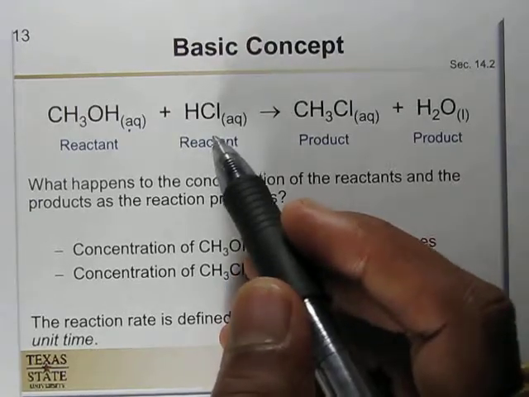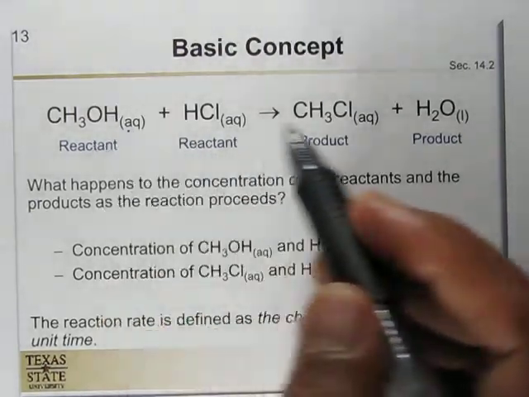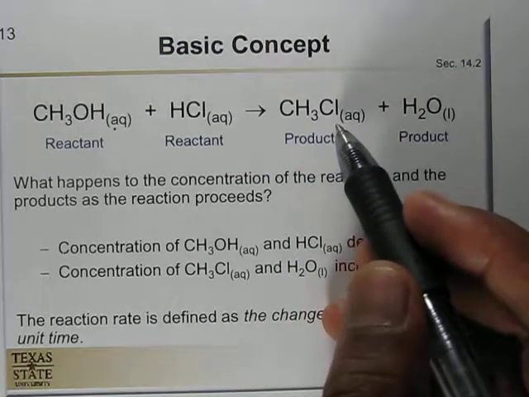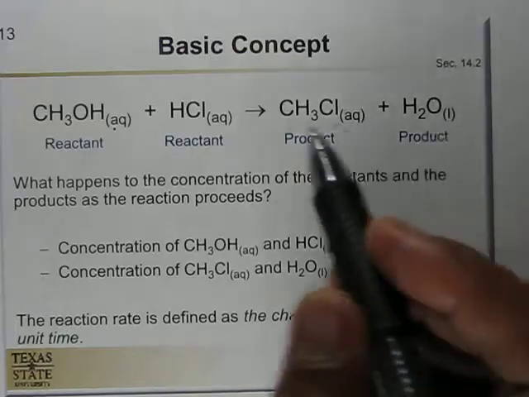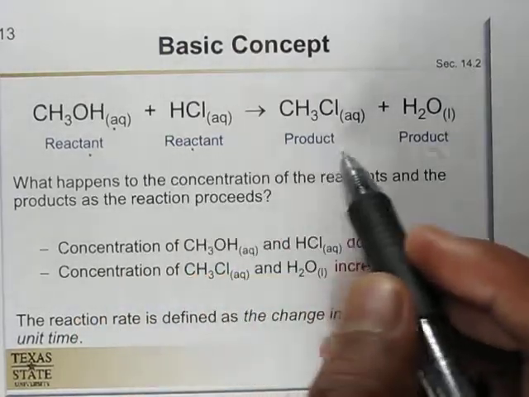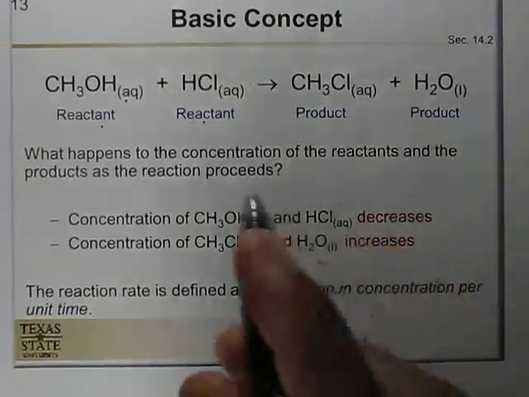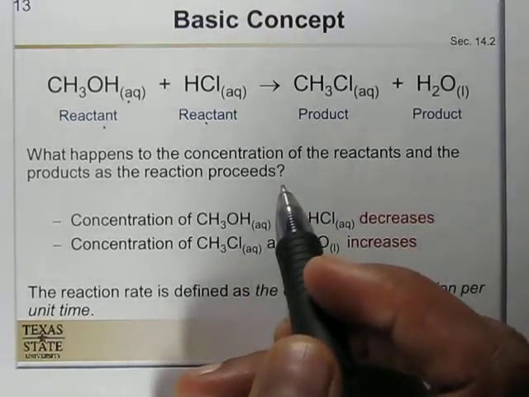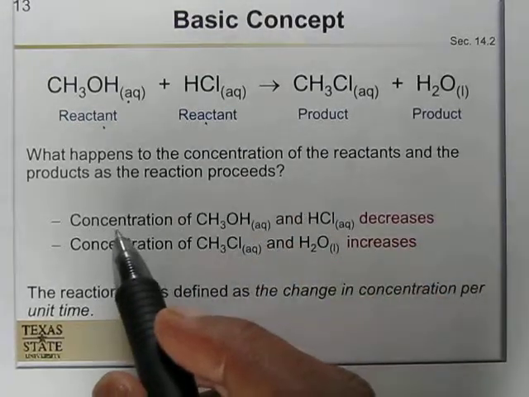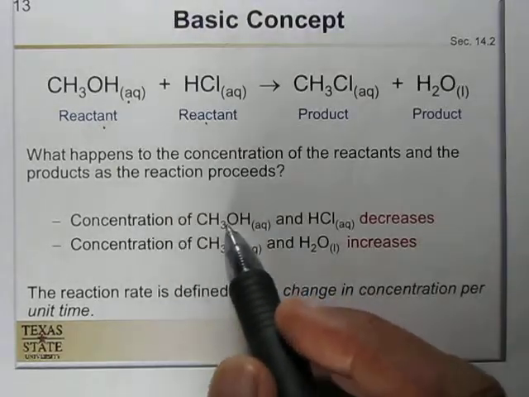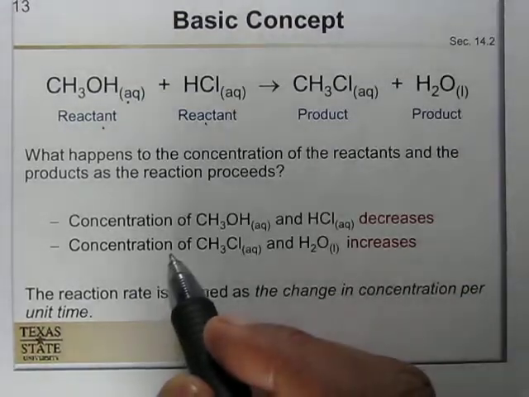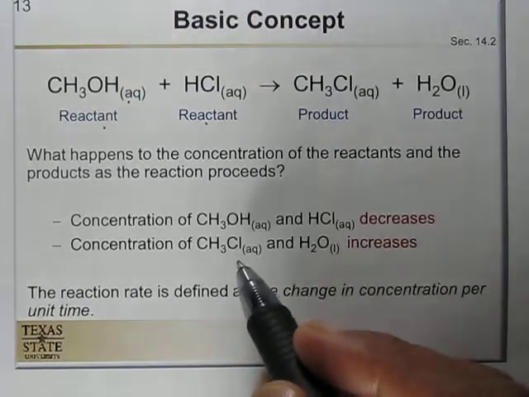So if hydrochloric acid is reacting with methanol, it is converting into methyl chloride plus water. So these are the two reactants and these are the products. What happens to the concentration of the reactants and products as the reaction proceeds?